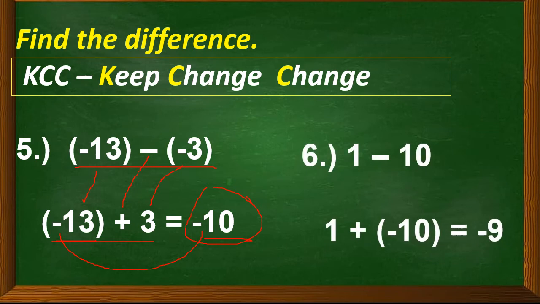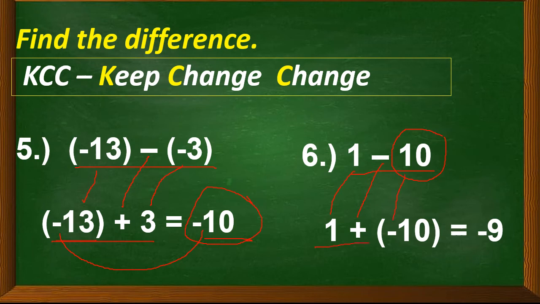Another example, 1 minus 10. Remember the rule, copy the first integer or the minuend. Next, change the operation to addition. Next, this one is positive. Change the sign. So it became negative 10.